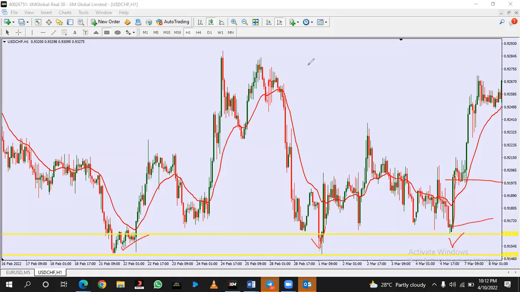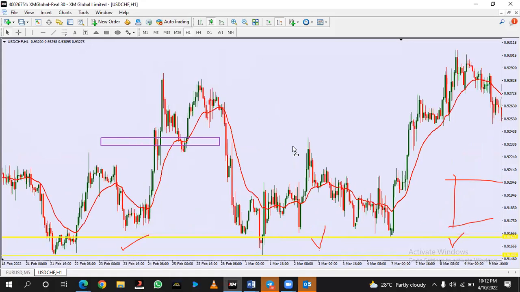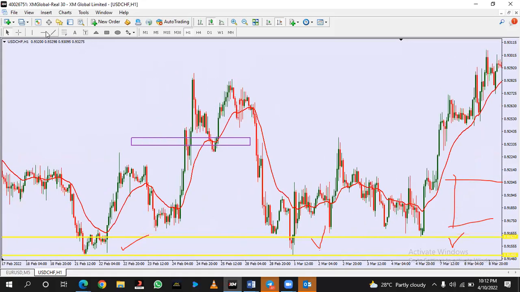A fair value gap. Are we seeing it? Forming a fair value gap around this point.